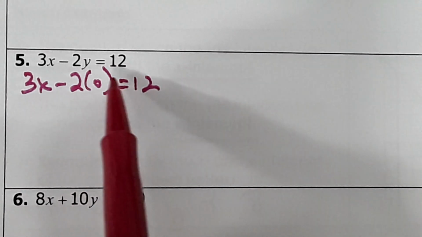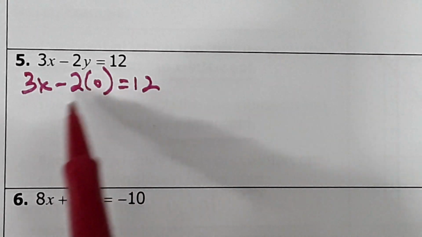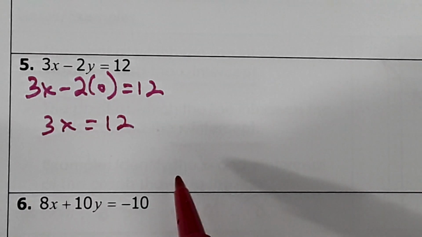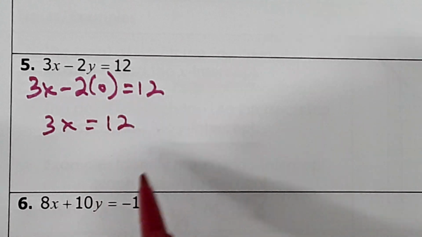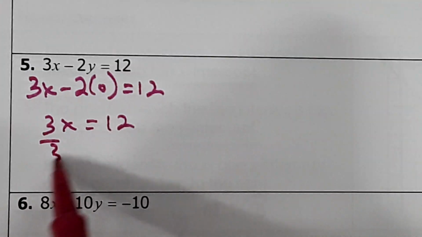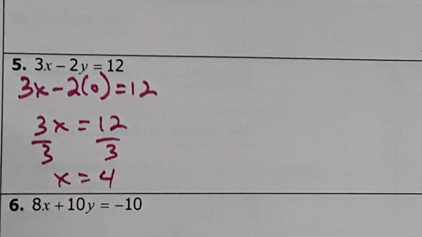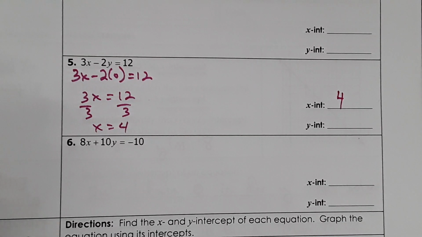So really this just goes away. 3x minus 0 is just 3x. Because 2 times 0 is 0. Divide by 3, and you get an x-intercept of 4.